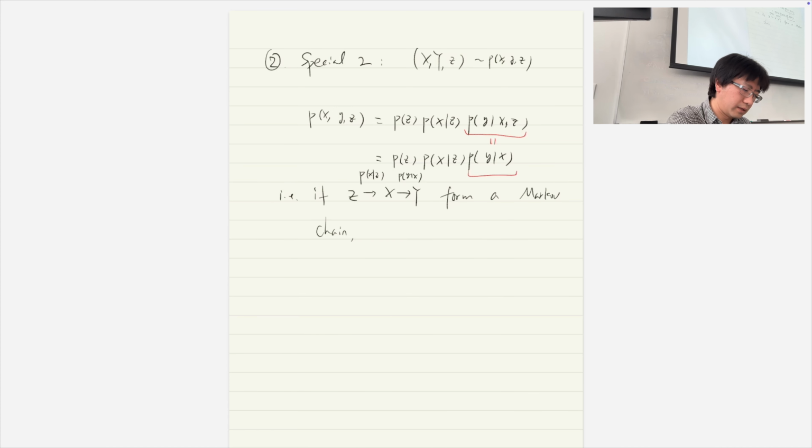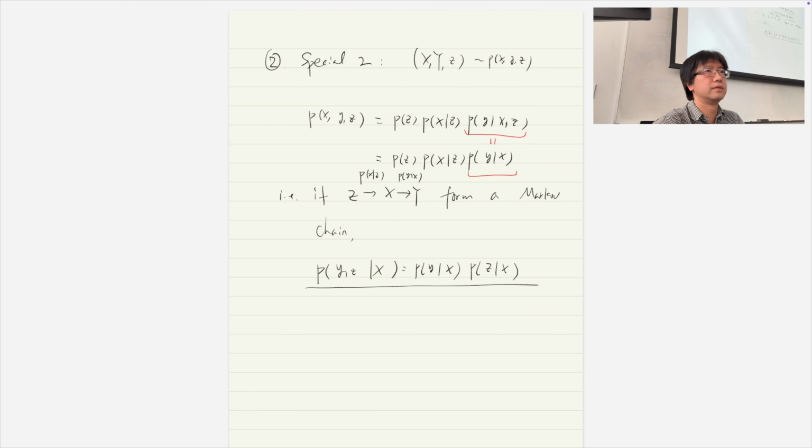So basically, it means that given x, y and z are independent: z given x.